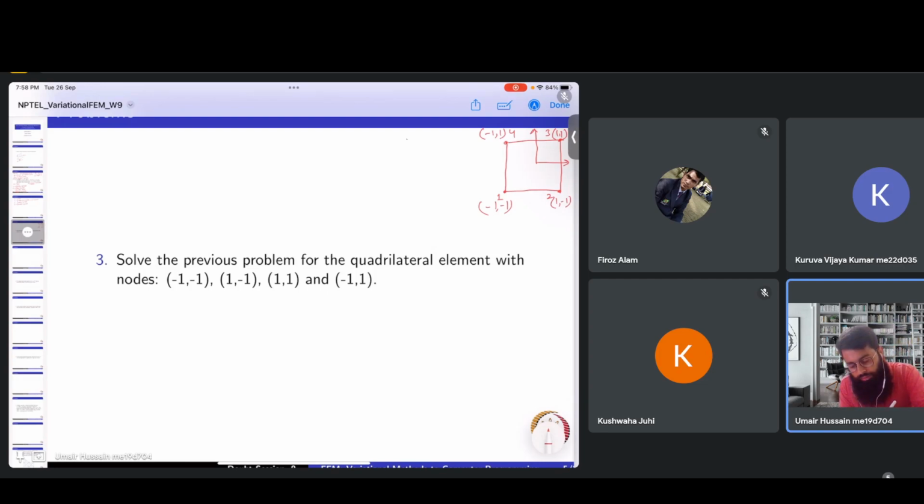So we know the approximation functions here. Okay, so these are the approximation functions.